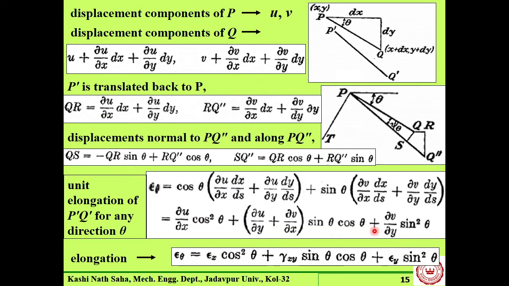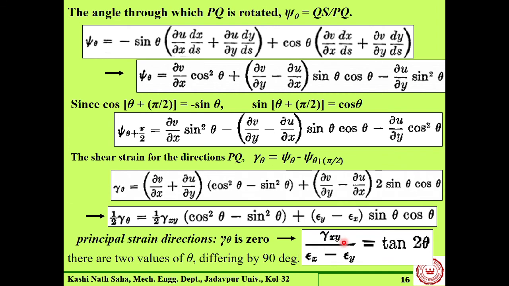So if here we put this gamma xy as this, this is cos 2 theta, this value. That is what you have to carry out. It is for your part, but this will come.